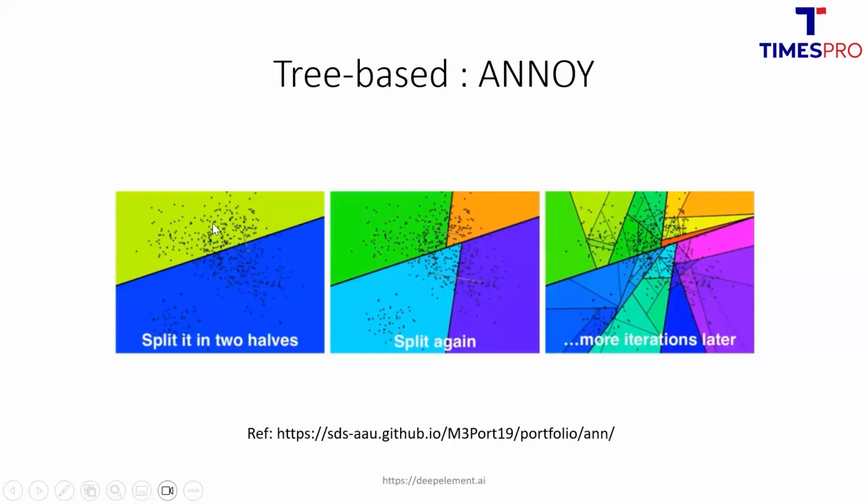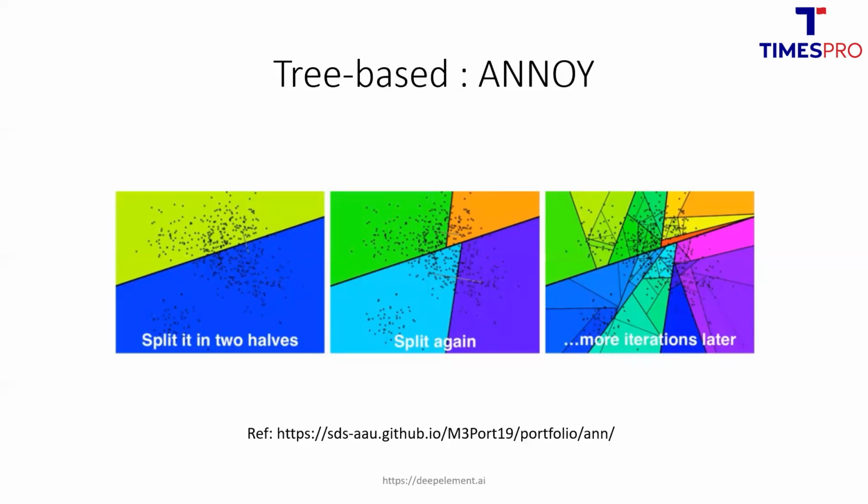If it lies on the green side, you go to that particular node and again see whether the point lies on the green side or on the orange side. You traverse the tree from the root to the leaf. Finally, when you reach the leaf, it will contain a few data points, so you compute the distance between your query point and all the points in the leaf node.